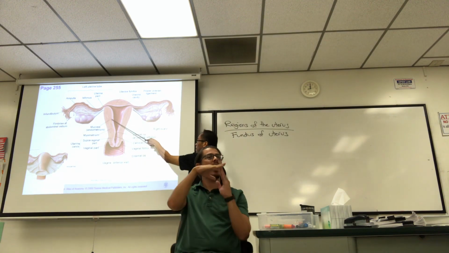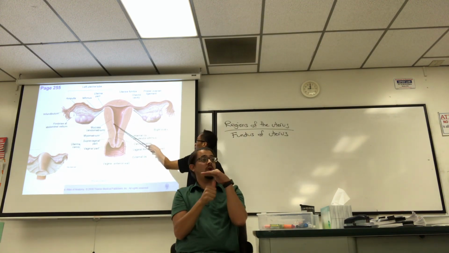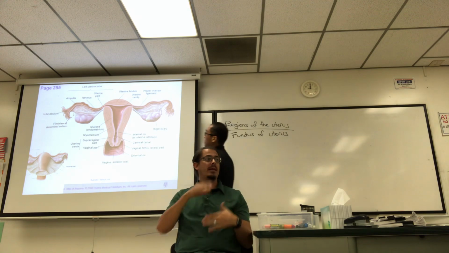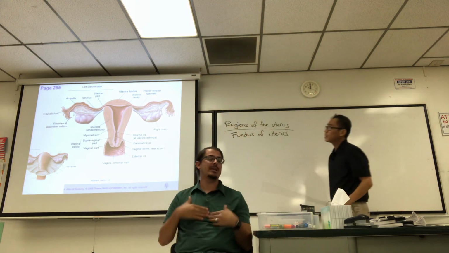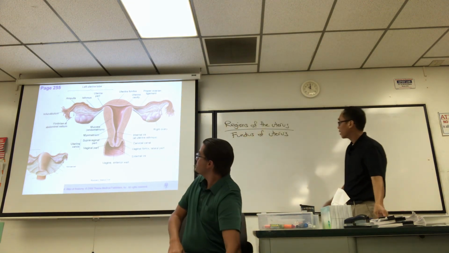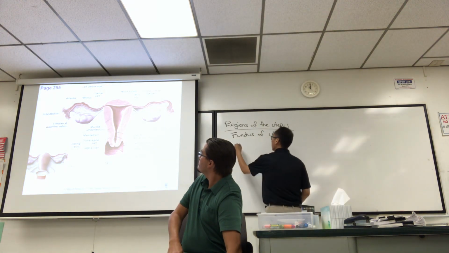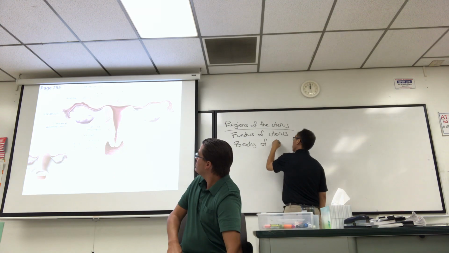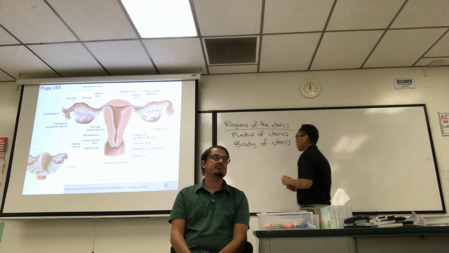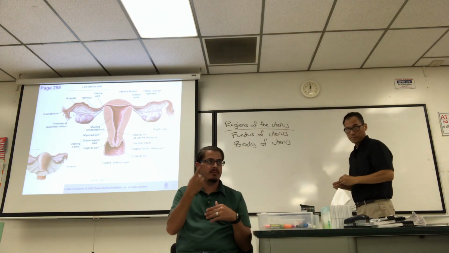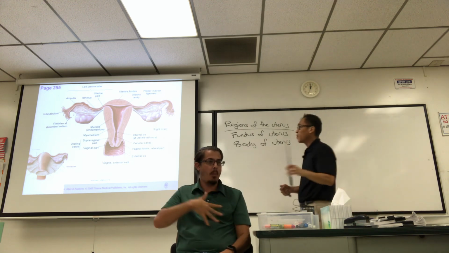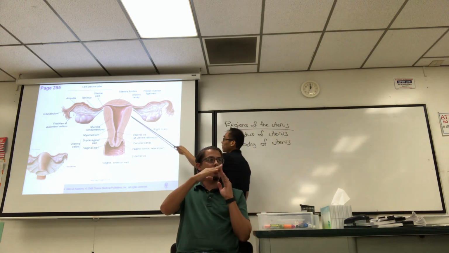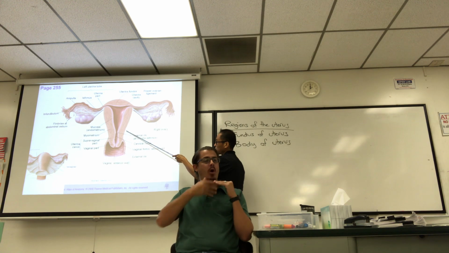Now, inferior to that, most of it is called the body of the uterus. Anything that's called body of something is most of it. So most of it goes from just below the fundus all the way down to where it constricts.